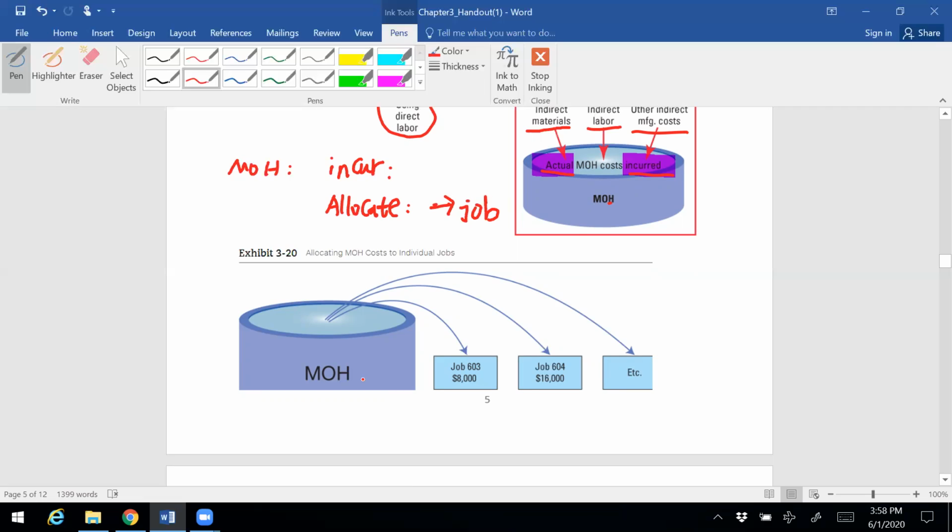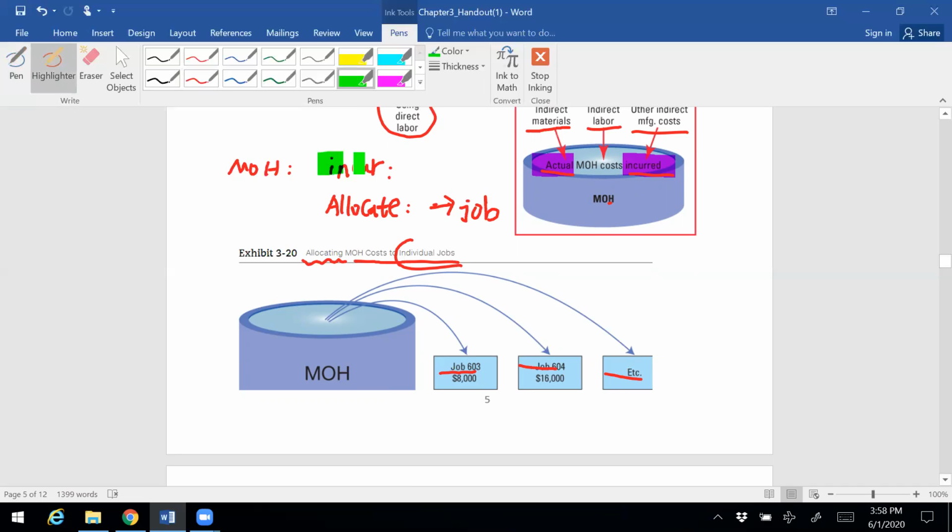We have a job this, we have a job this, and we allocate it to each specific job. So this is allocating our manufacturing overhead to individual jobs. There are two different concepts.